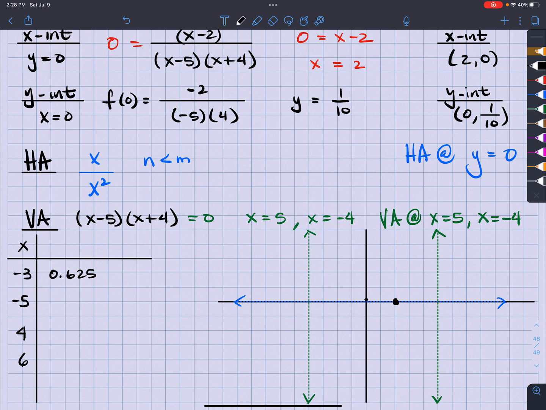Let's change those -3s to -5s. I get -0.7. Now let's go back and change those to 4s.